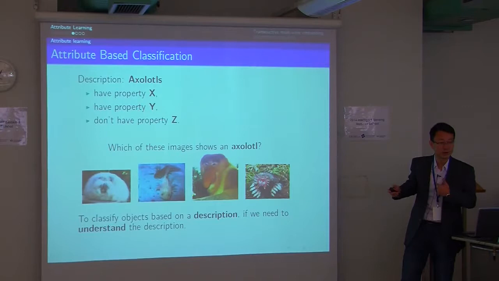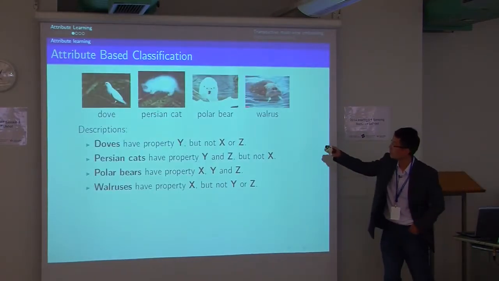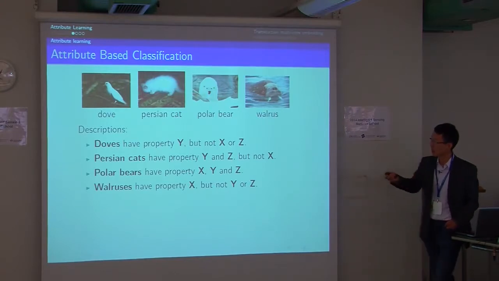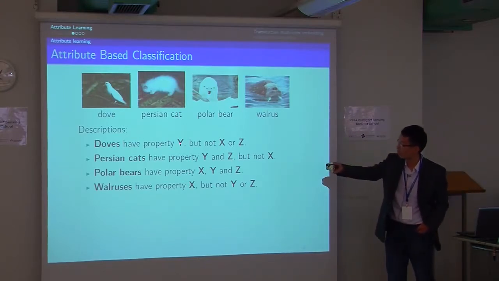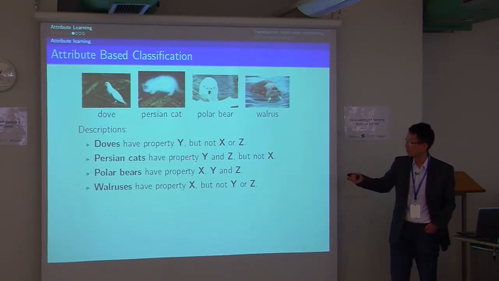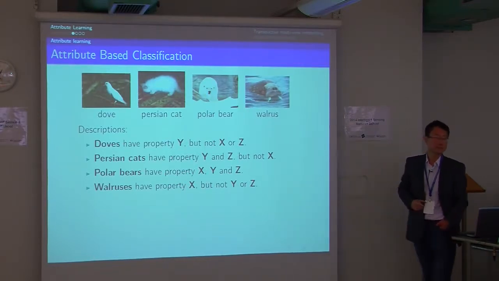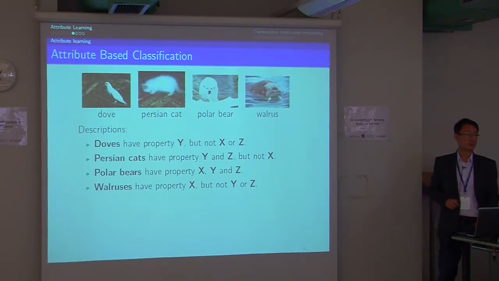But if I give you some examples of these 4 different animal categories, and I tell you dogs have property Y, but not X, not Z. Persian cat has properties Y, Z, not X, and polar bear has X, Y, Z, and the birds have property X, but not Y and Z. Can you guess what X, Y, and Z correspond to?